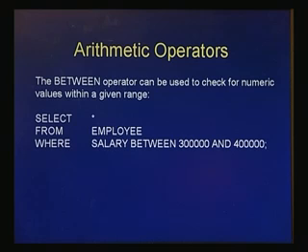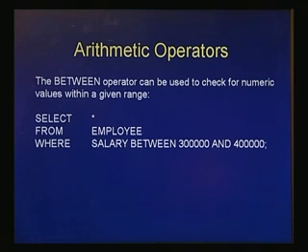Similarly, you can use the keyword called between to check for a range, that is, to check whether a given parameter lies within a given range. The slide here shows an example of the form select star from employee where salary between 3 lakh and 4 lakh. Therefore, this query returns all employee records.